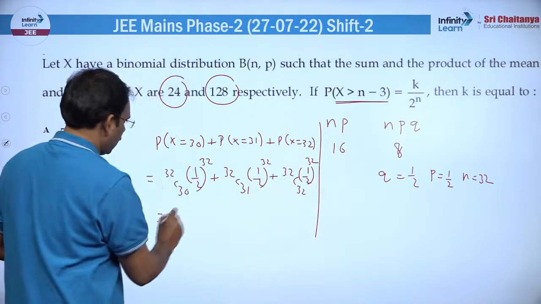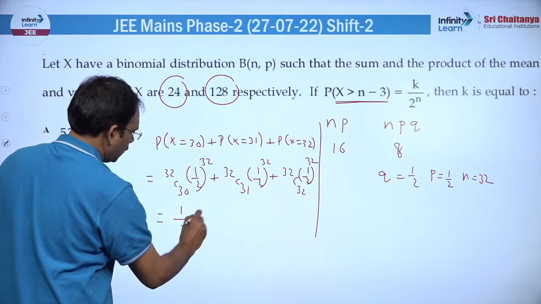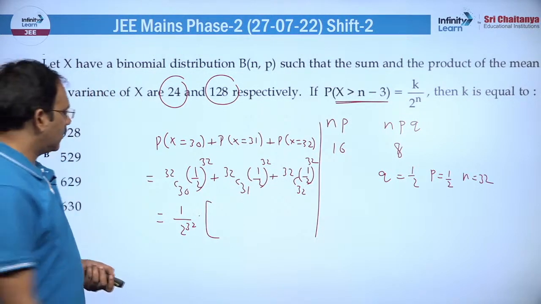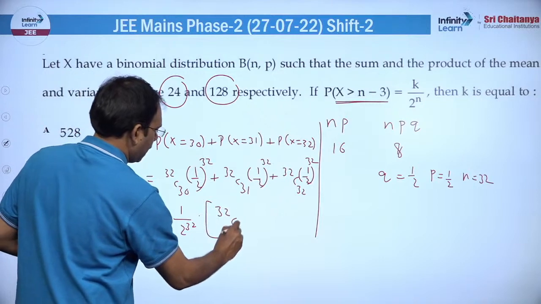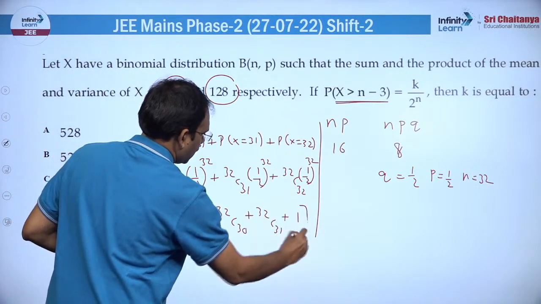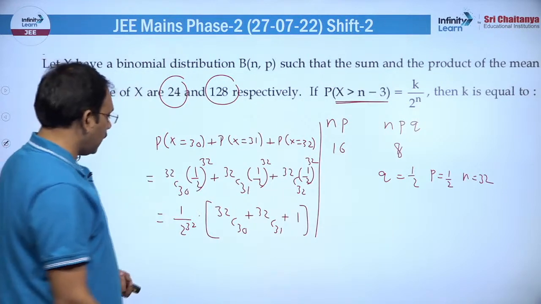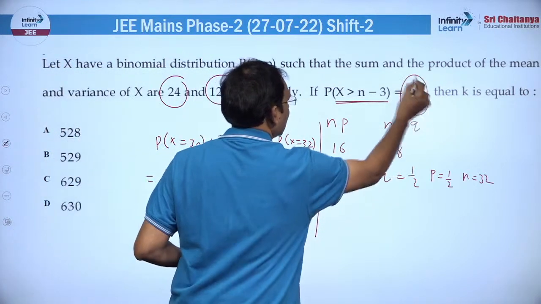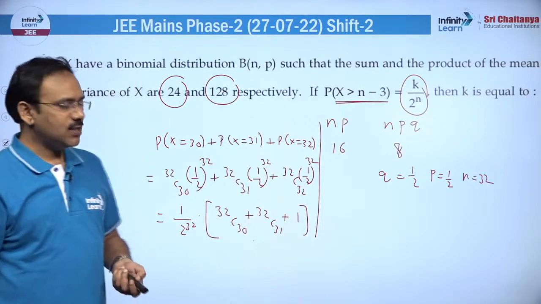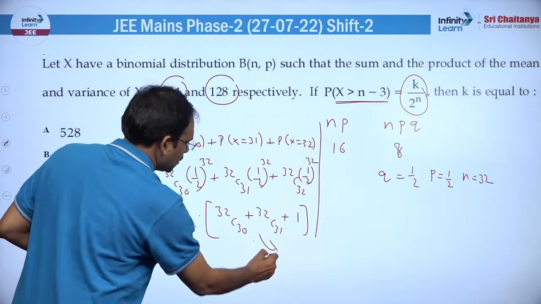You can take 1 by 2 power 32 common, into 32C30 plus 32C31 plus 1. You just add this and equate it to k by 2 power 32, my dear friends. This is going to be the value of k, which is going to be 529.